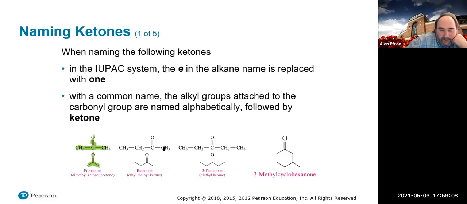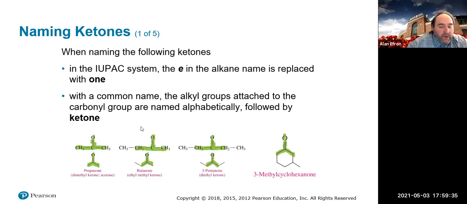Here's our 3 carbon run, again with the double bond, and that is here in line structure. Also 3 carbons, double bond. And even on a ring type structure, there's our 3 carbons with the oxygen double bond. So these are all what are referred to as ketones.